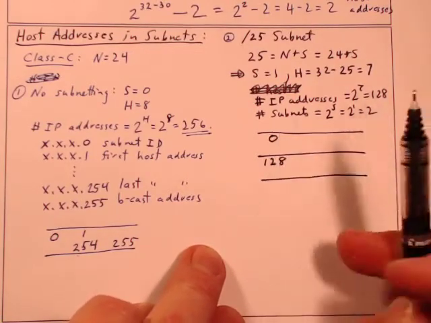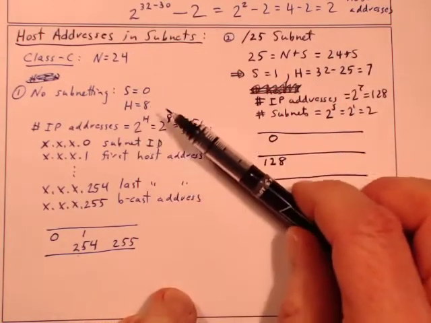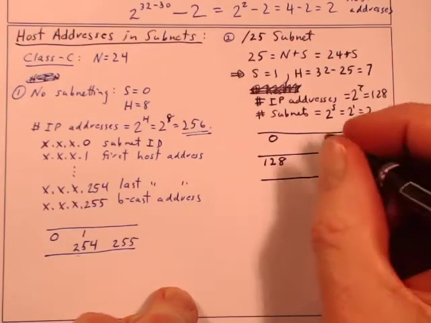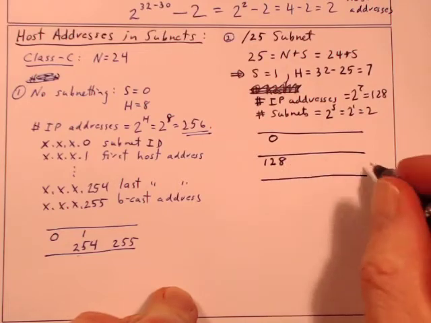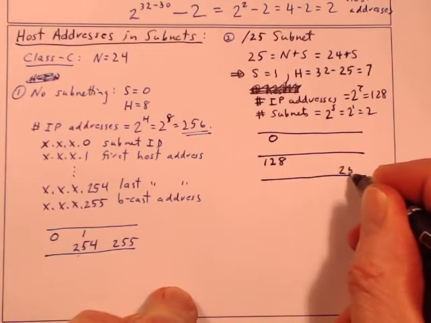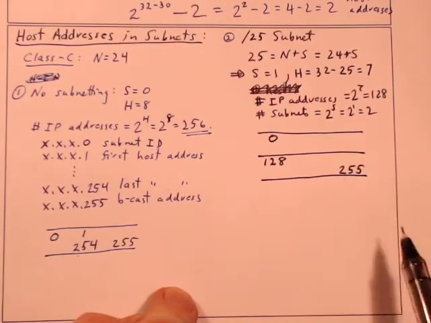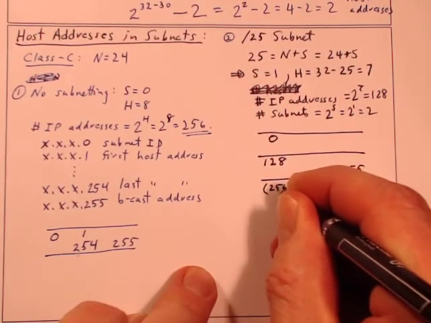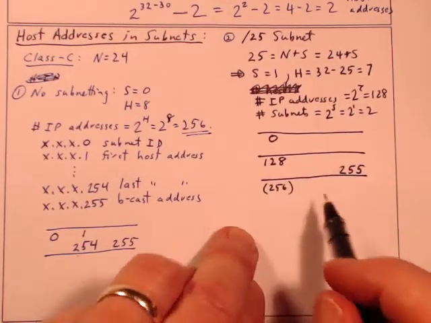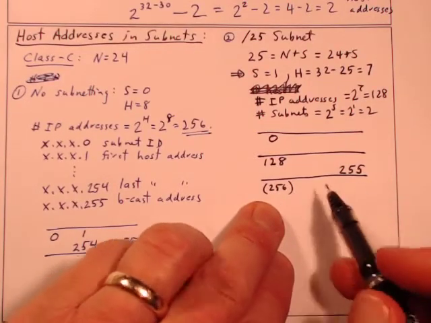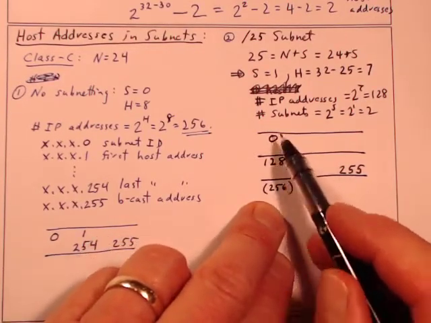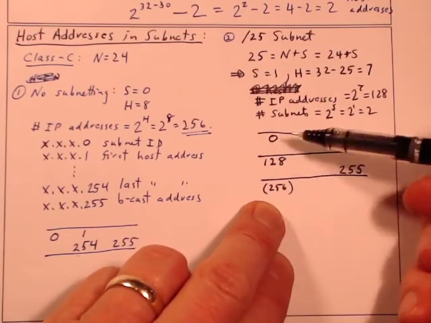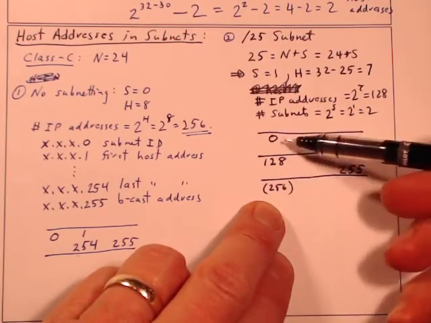Okay, so I've broken the 256 into 2 pieces, and I'm going to have 0 and 128 as my starting points, and I'm going to have 255 as my ending point here, because, and I'll put 256 in parentheses under here because that's not one of our addresses, that's outside. But you start with the 0 and the 128 and the 256, and we're essentially counting by 128 here.